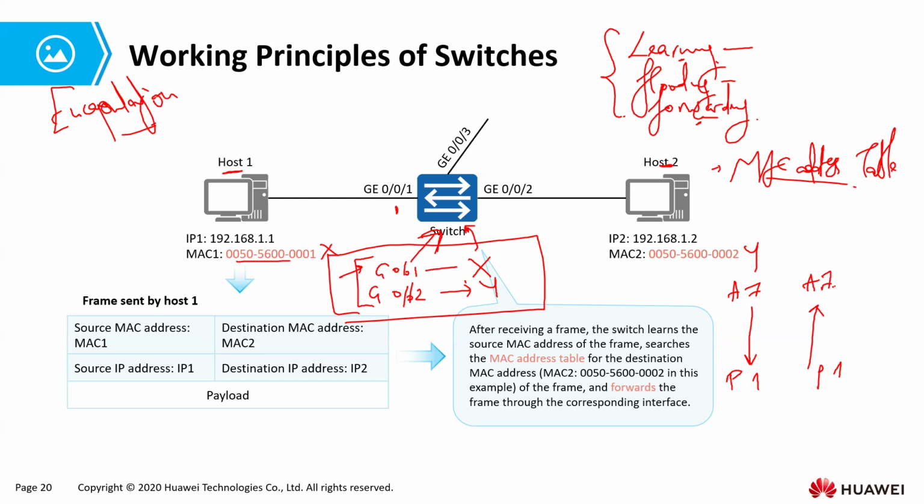We open up our PDUs. Do we know the destination MAC, destination IP? Is it correct? Does it correspond to our devices?